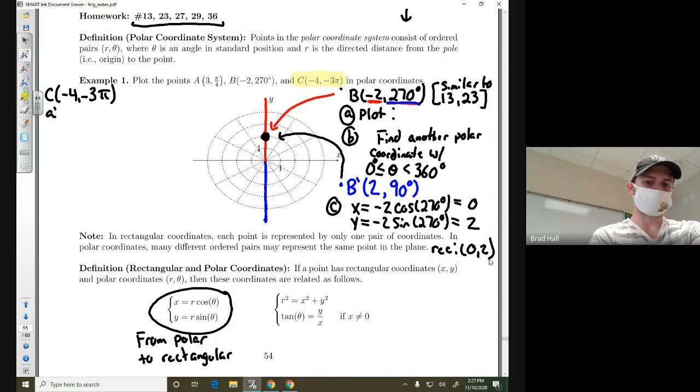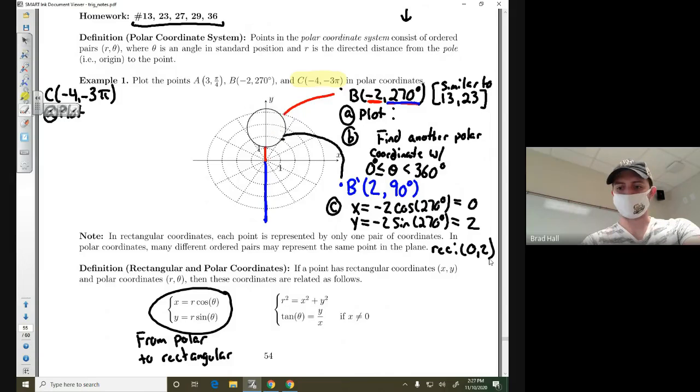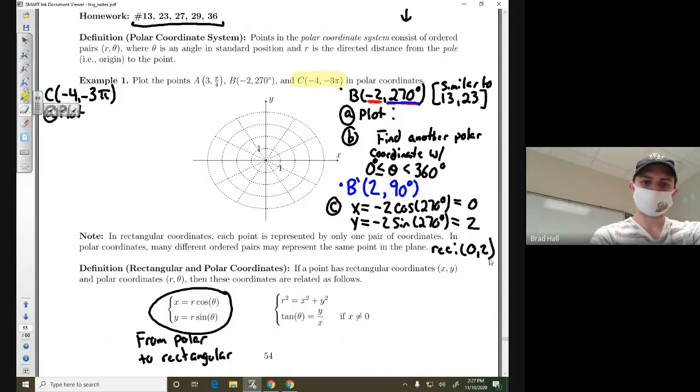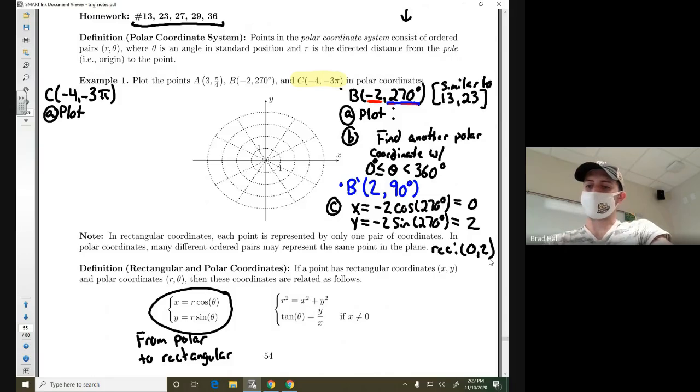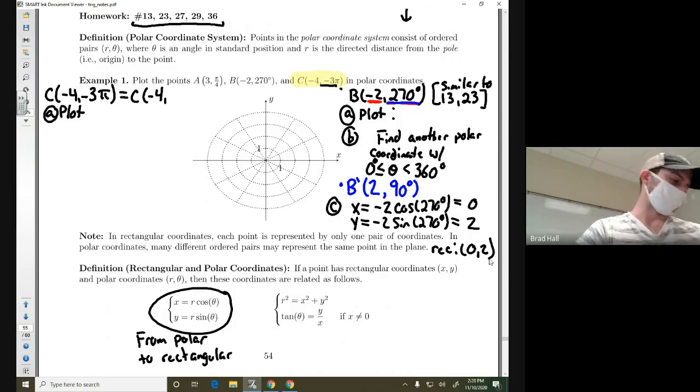All right, first step, so let's plot the thing. I'm going to go ahead and erase all this. So here, -3 pi, if you'd like, you can go ahead and convert that to degrees. So that seems to be the negative 480. Oh, it's 540.